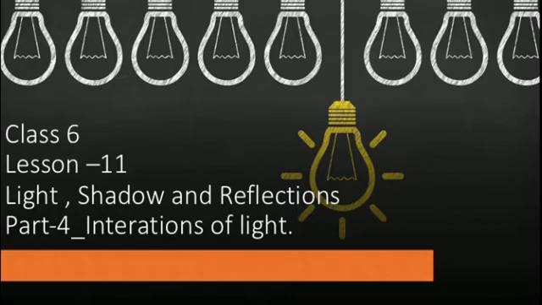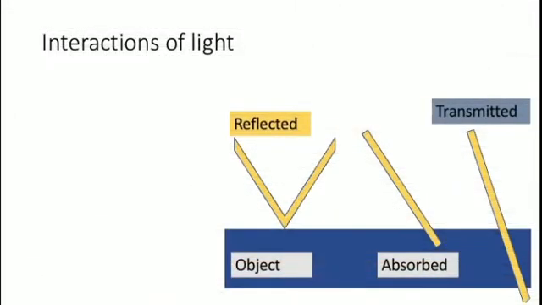So in today's session we will be learning about how the interaction happens between the light and the objects. So dear students, when the light falls on an object, it can be reflected, it can be absorbed, or it can be transmitted. Some objects reflect the light, some absorb it, and in certain objects it gets transmitted.